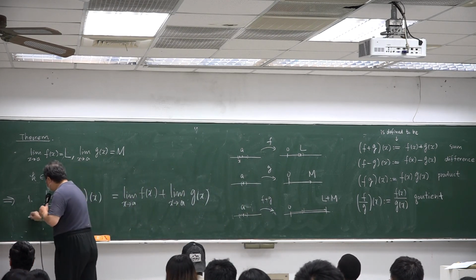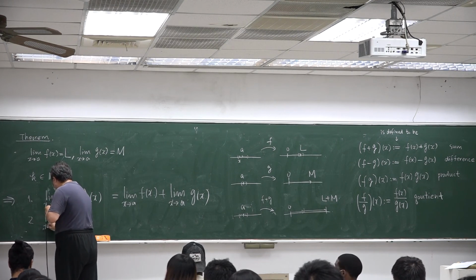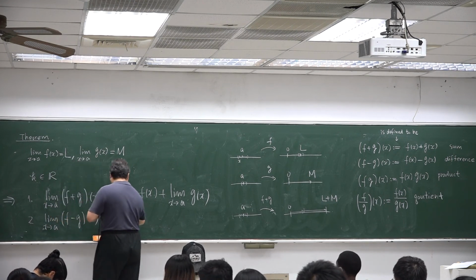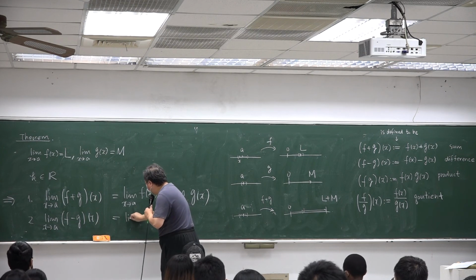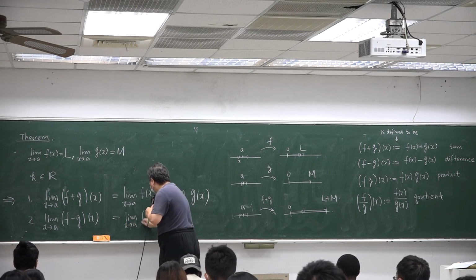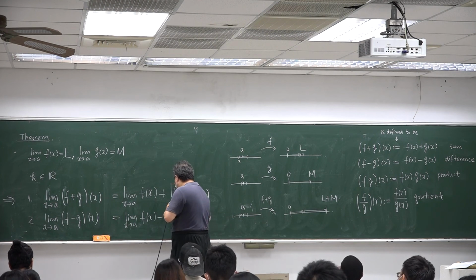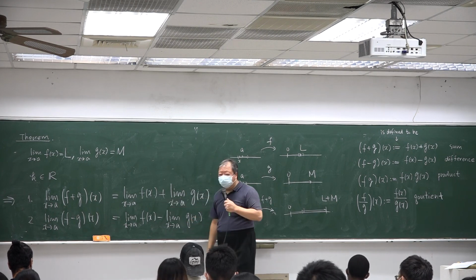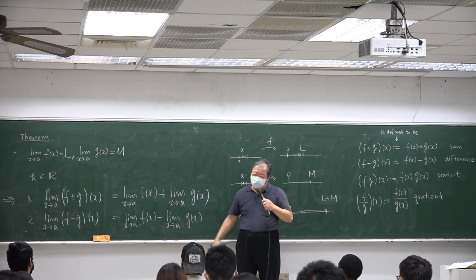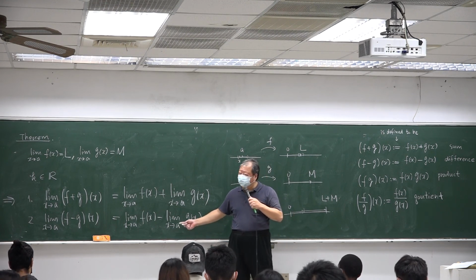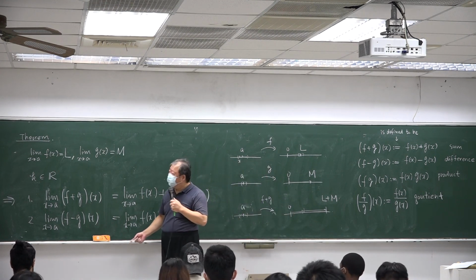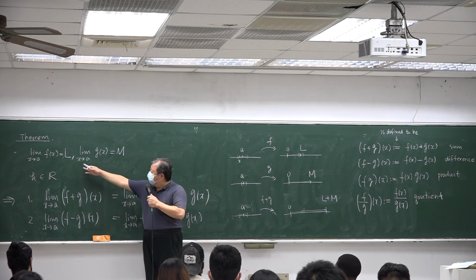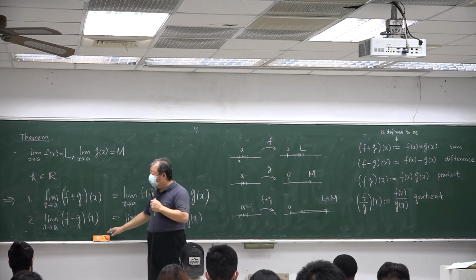Similarly, we have taking limit preserves subtraction, 取极限然后保存减法运算，大前提都是这样。We have a big if here. If these two limits exist, okay?